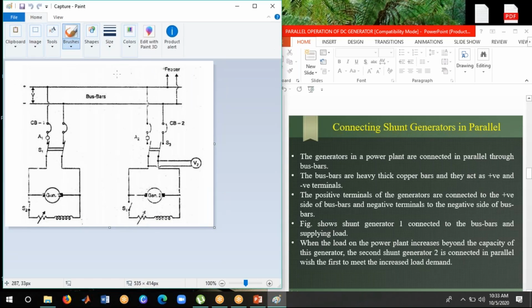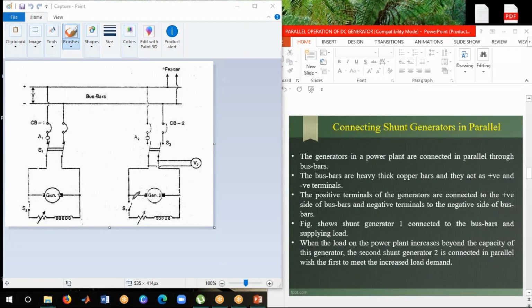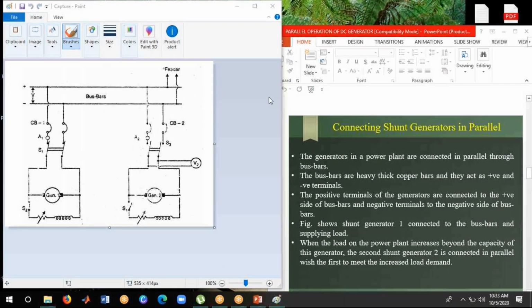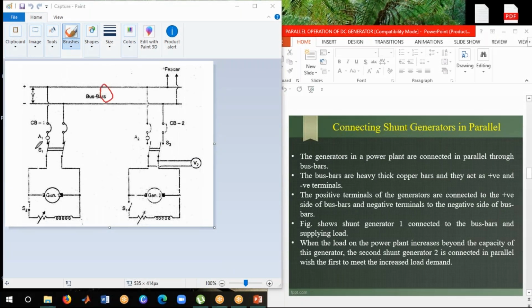Are you seeing the diagram? So this is the way of connecting two shunt generators in parallel. See here, this is the bus bar, and these two generators are shunt generators.